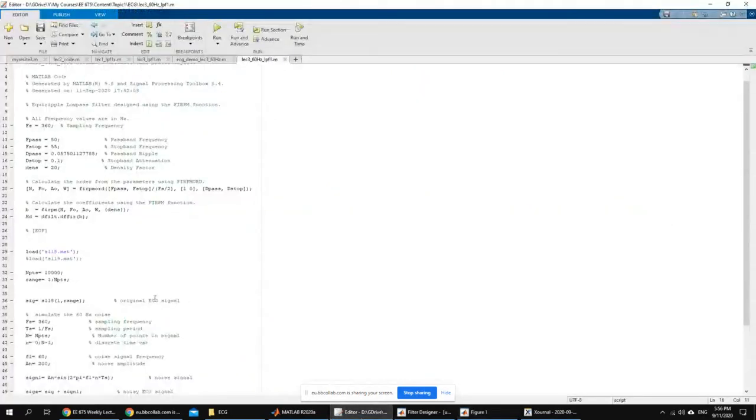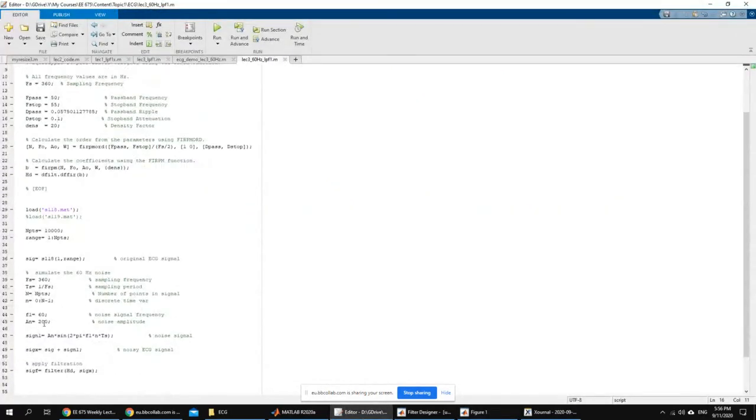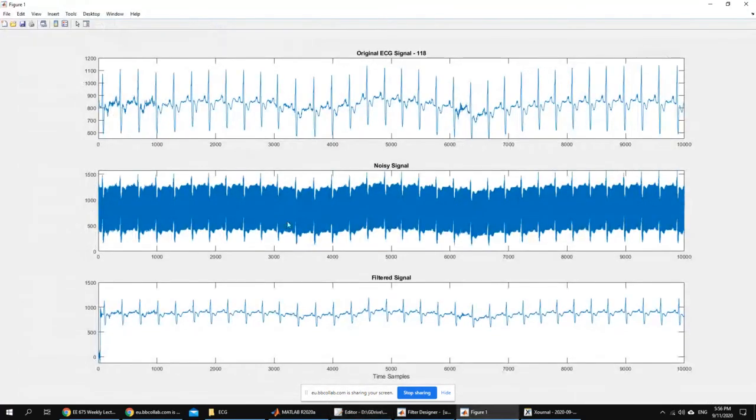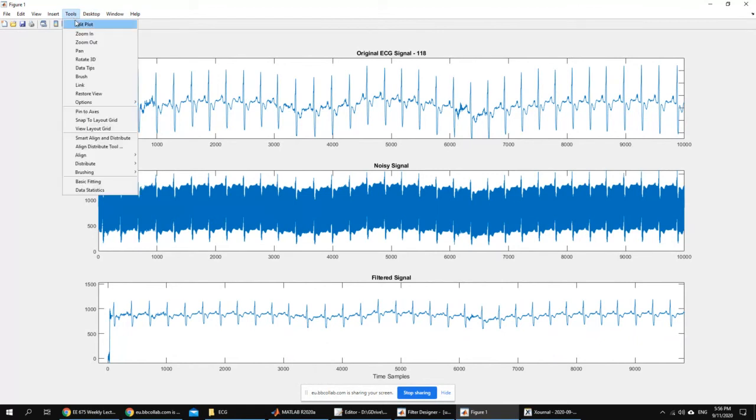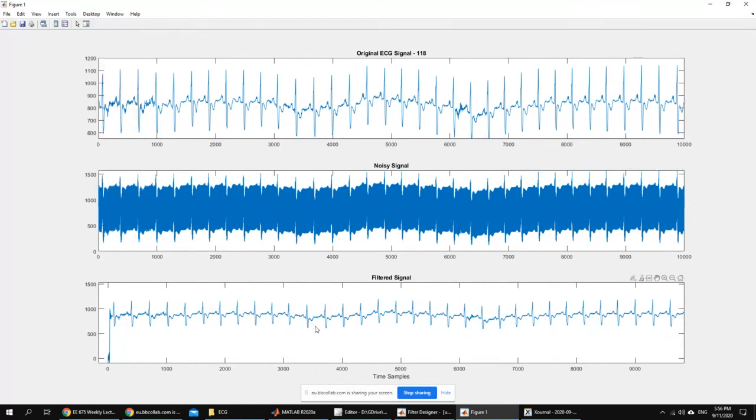But if we change that amplitude to, instead of 200, maybe 500, 500 will basically overwhelm the signal, but still the output is okay. It's very surprising. Let's magnify it a little bit and see. Okay, that's fine.